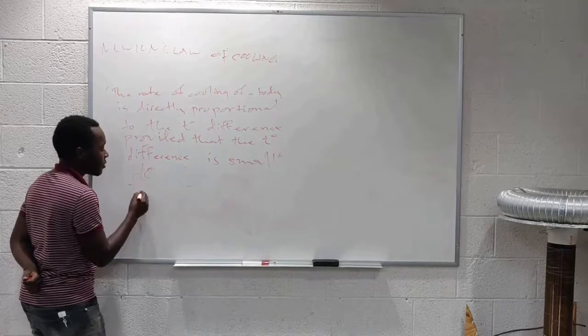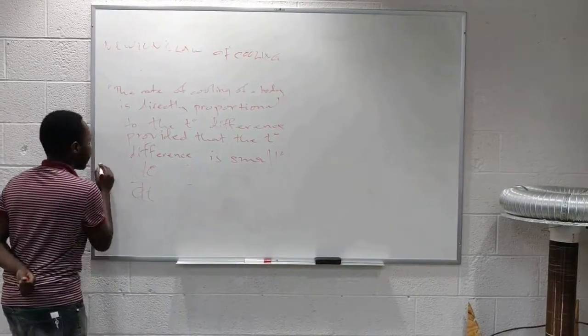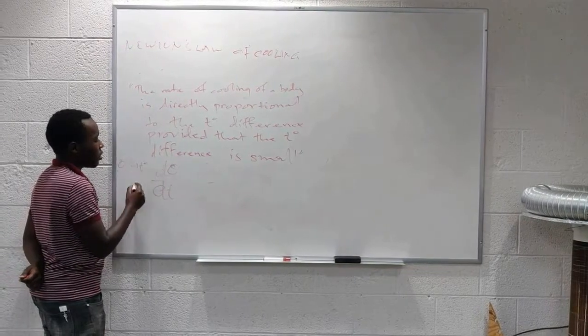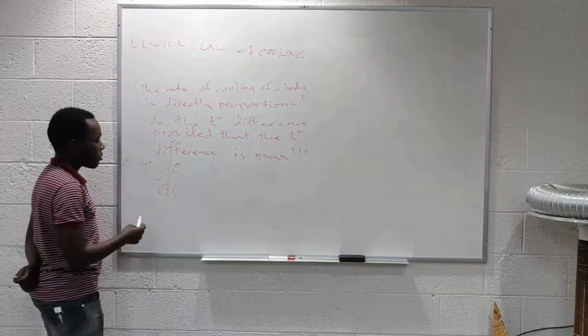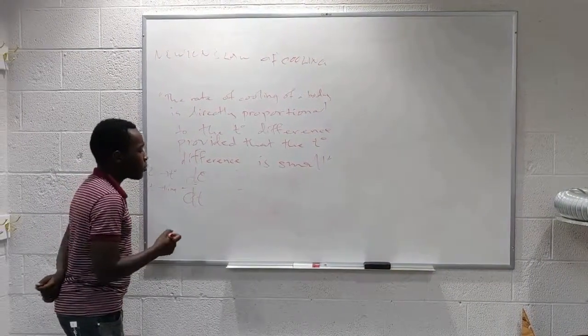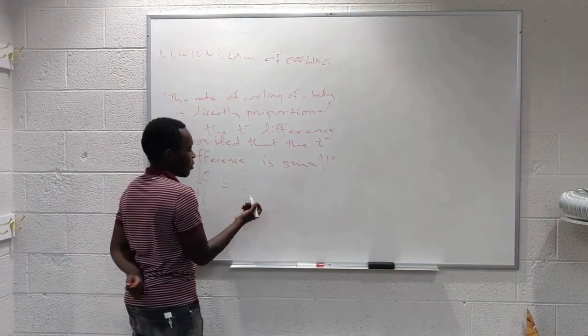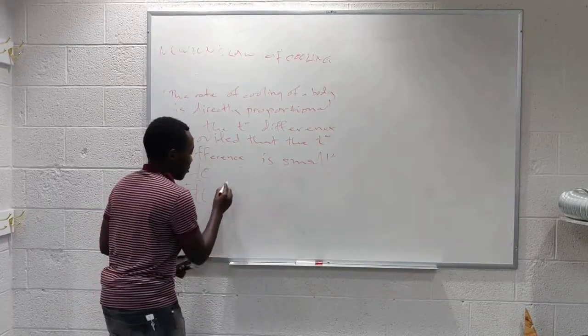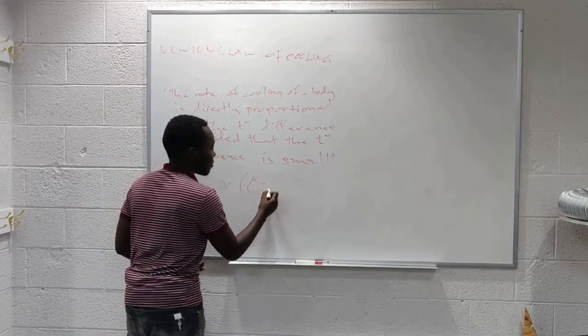So dθ/dt, I use theta to denote temperature, and d is like change in temperature. I use t to denote time. So dθ/dt is directly proportional to θ minus θs.